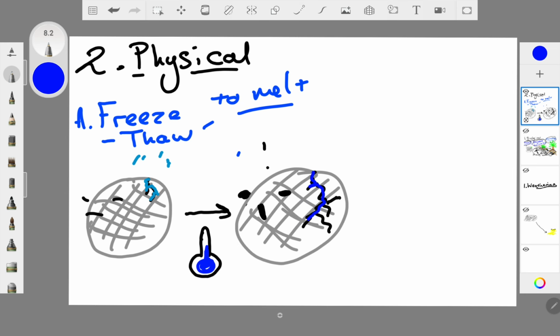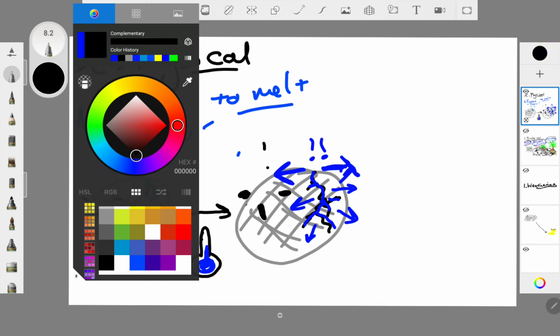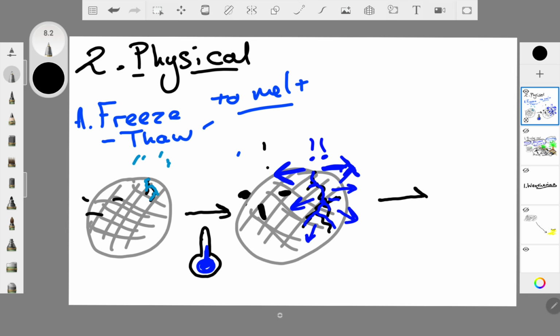This water here, when it freezes, it expands. It gets bigger. As it gets bigger, it pushes the cracks further apart. So these cracks are going to widen, they're going to get deeper. Eventually, this process happens again and again and again.